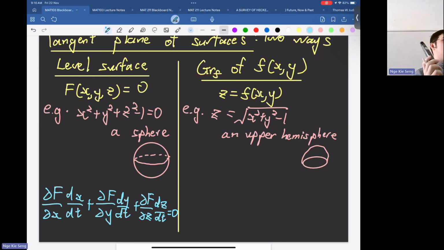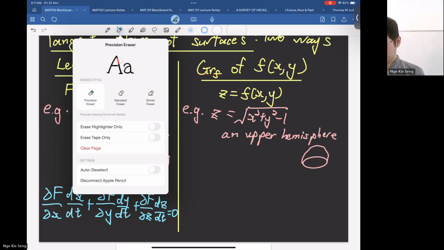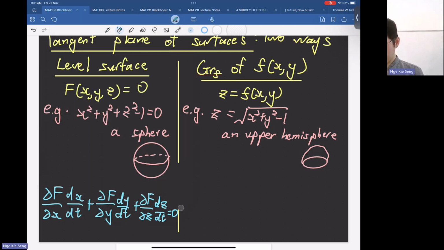Xiao Yang, where does this formula come from? The blue formula, where does it come from? The tangent plane, yeah, right.